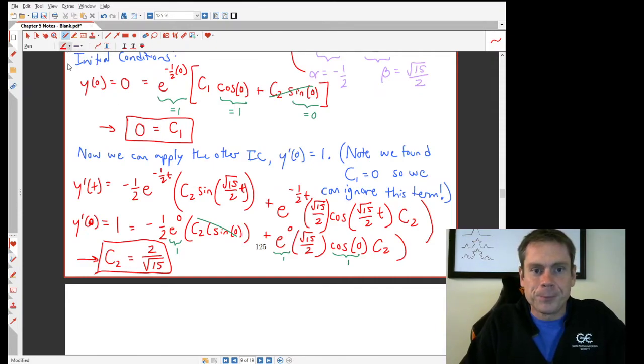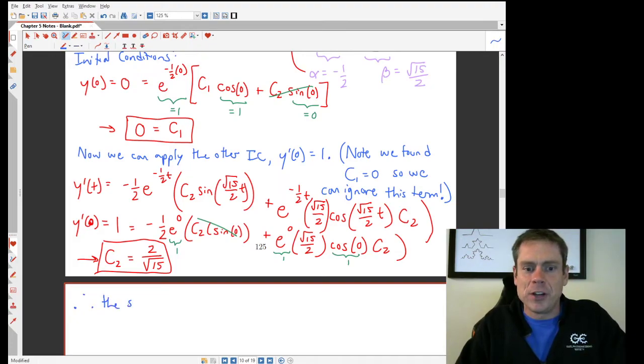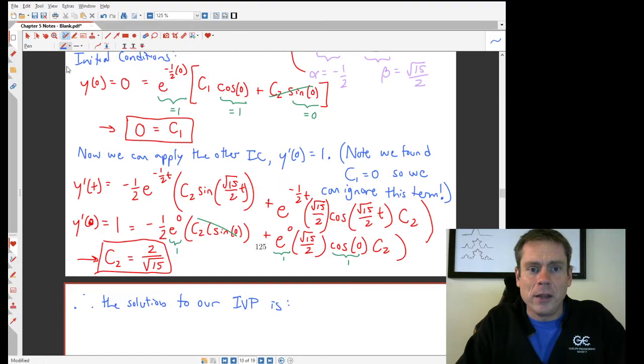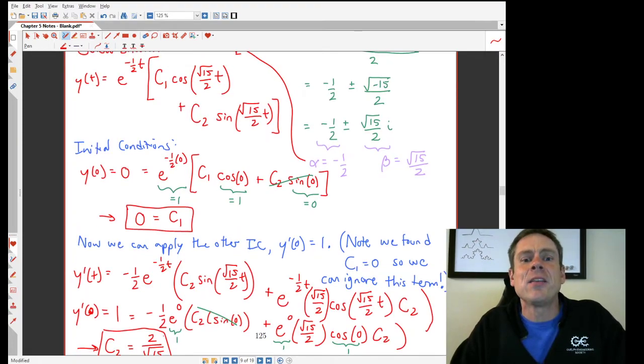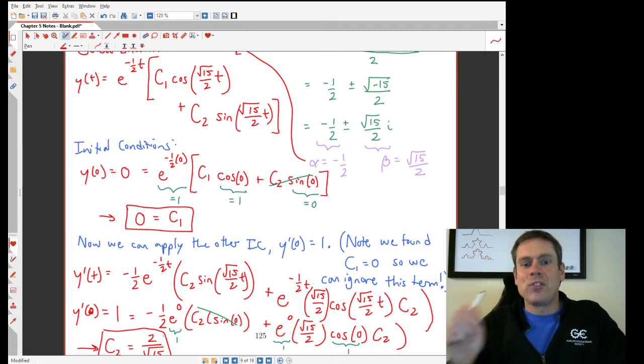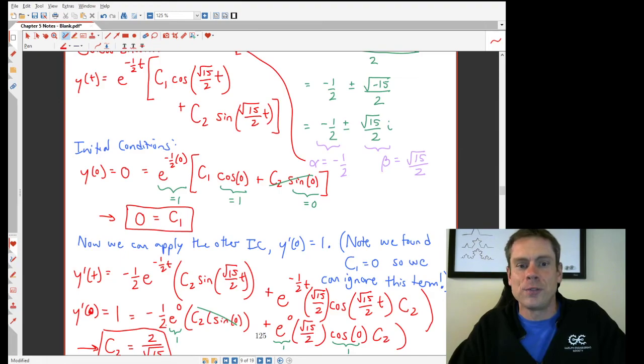So therefore, the solution to our initial value problem is, well, it's the same thing as before. We take our y of t and we sub in the constants we know. E to the minus half t, c1 was nothing up there, and c2 is 2 over root 15.